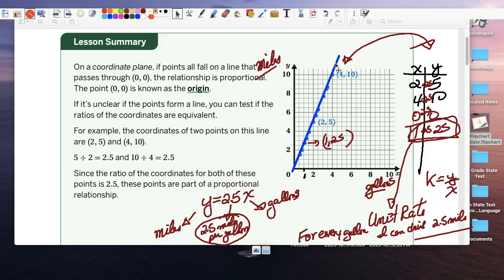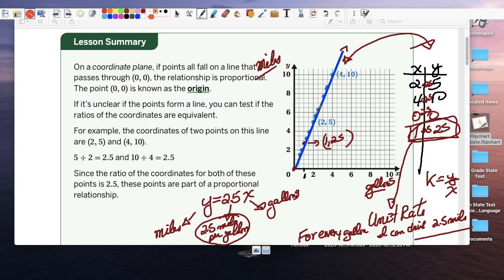If you connect the points, and remember what I talked about in class, you can connect the points depending on the context of the story. In this case, it makes sense. Your line's going to be a straight line, and it's going to go through the origin. So that's visually a check that you can do.